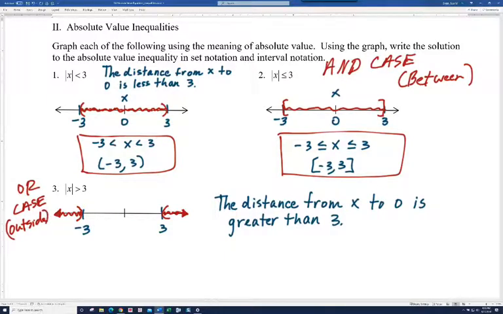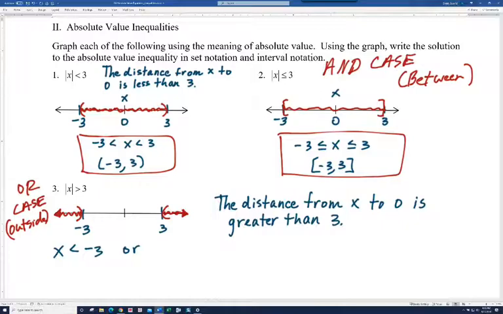All right, so how would I write that? First of all, in set notation, on the left here we have x less than -3, and this is an or statement. Because this is basically a union, you have the stuff on the left side of the graph and on the right side of the graph. This is all part of our set. It's a union of two sets.